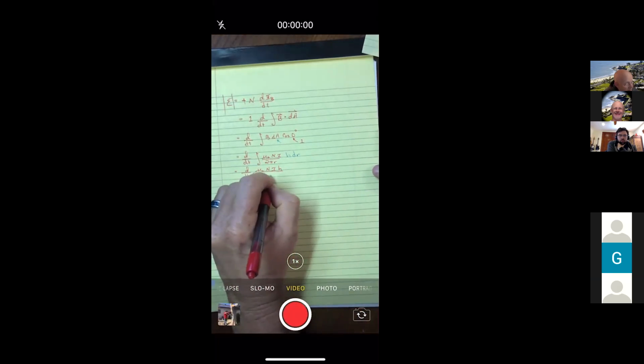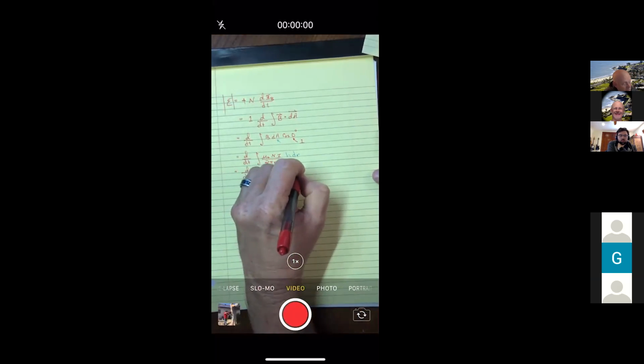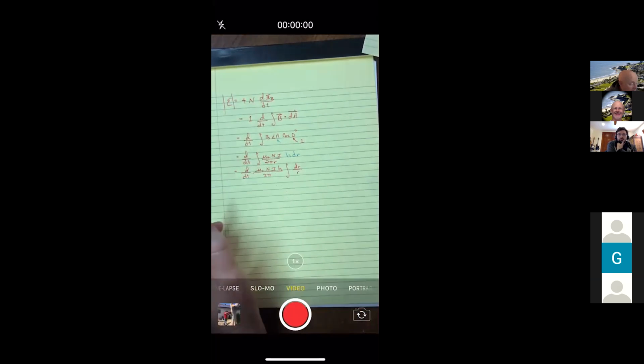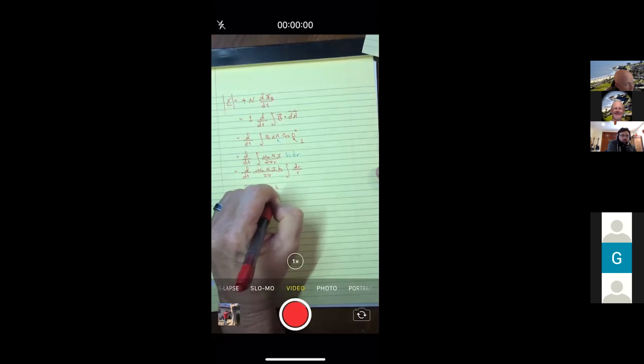The 2 pi is a constant in space. And of course, then the only thing that changes with space in the dr direction is r itself. Okay, and so I'll leave all of these alone for a moment.